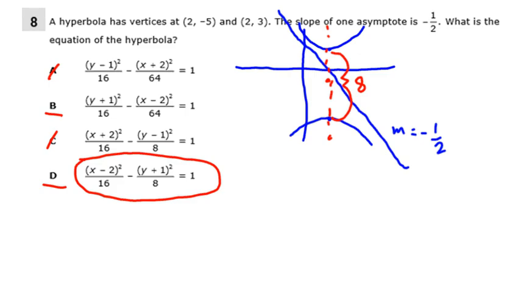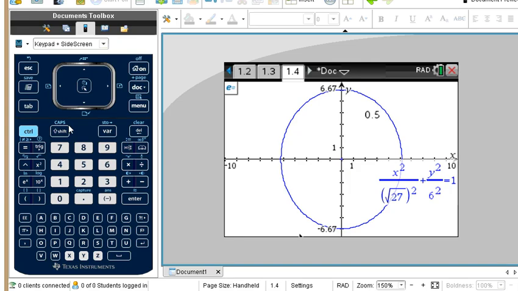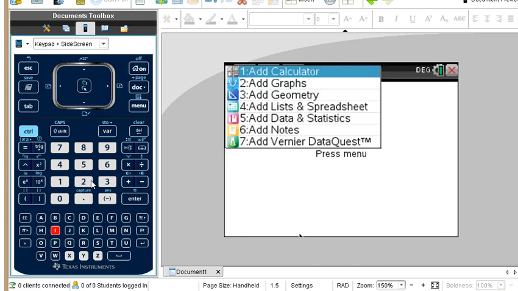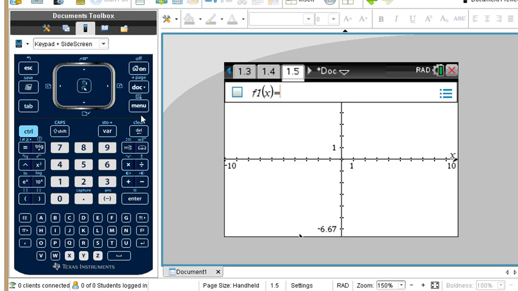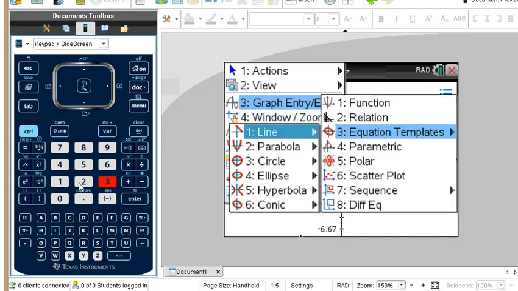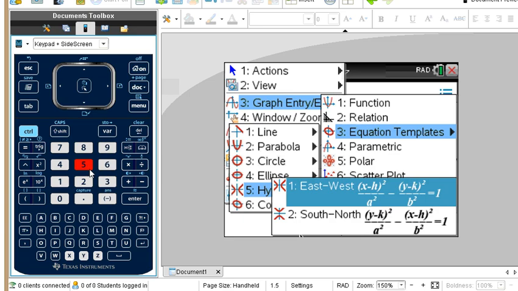of negative 1/2. And so we go here to our calculator, Control I, add graph, and we go to Menu, 3, and Equation Templates, and we're going to graph a hyperbola. And let's see if we have the east-west or the north-south. I think it's going to be a north-south one.